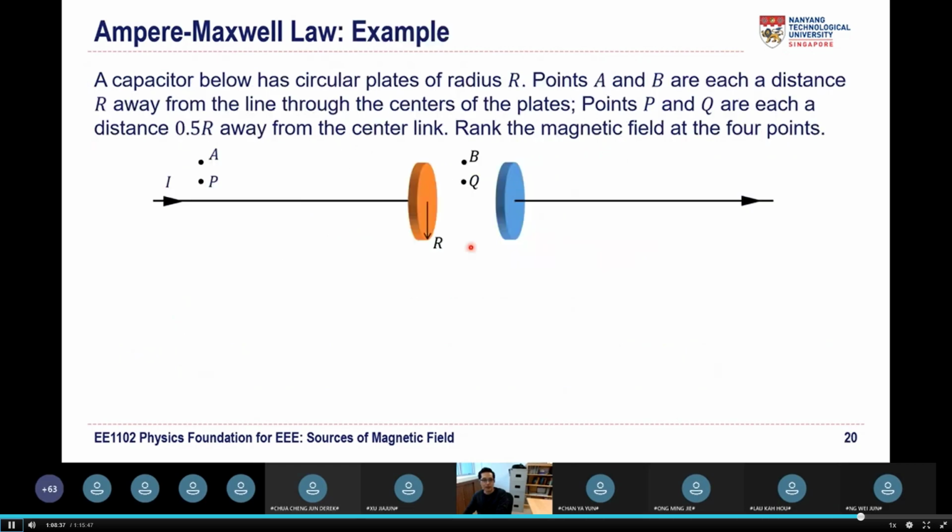Again, we create our Amperian loop, a circle that includes point Q, and B also has another Amperian loop.